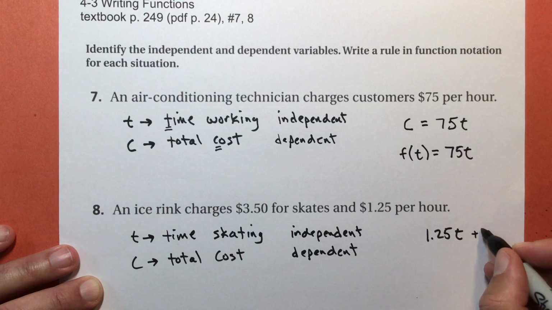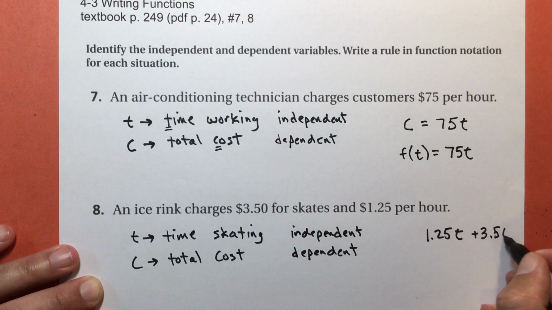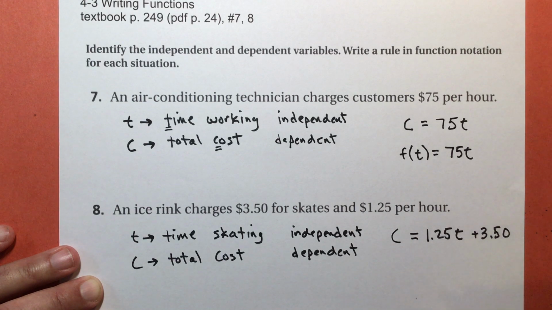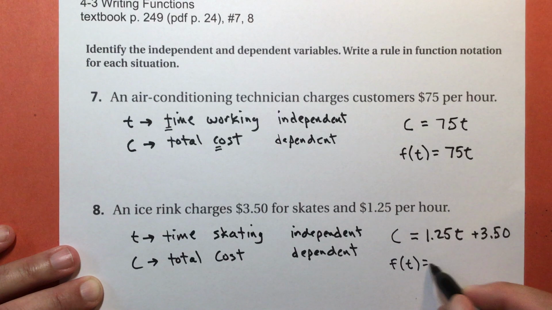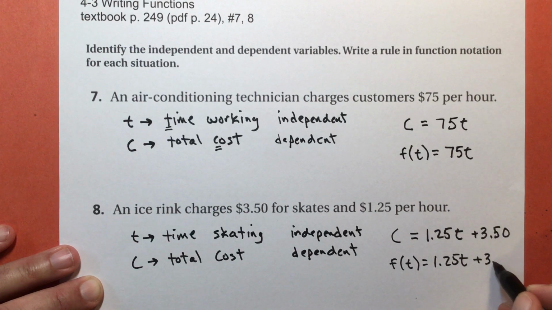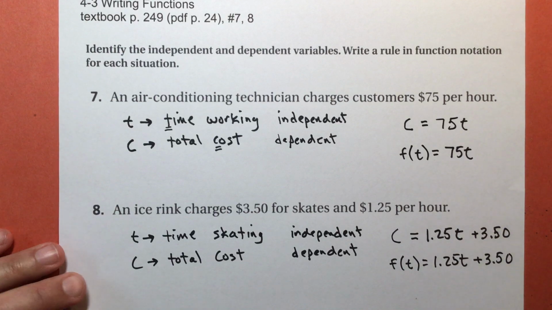You have to add a one-time fee of $3.50 if you're going to rent skates. If you bring your own skates, you're good. But in this case, this person is going to pay for skates, and that's going to give me my total cost. Just like last time, I could write it as a function. And it looks like that.